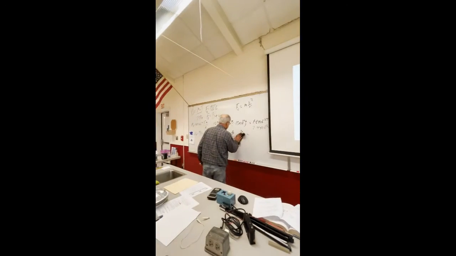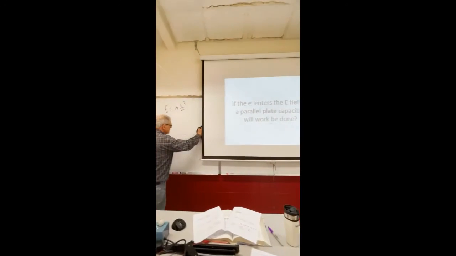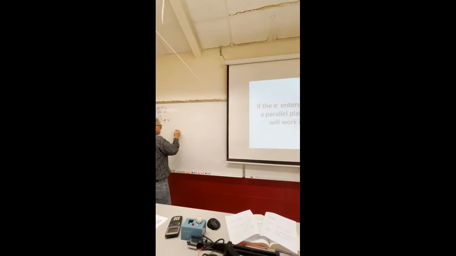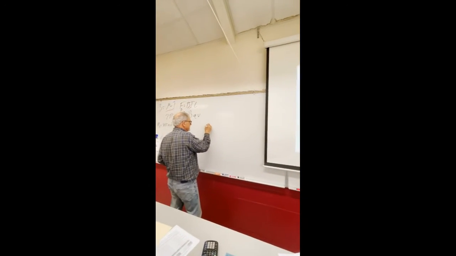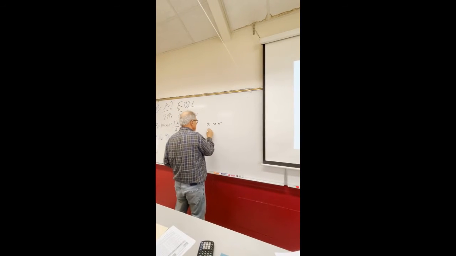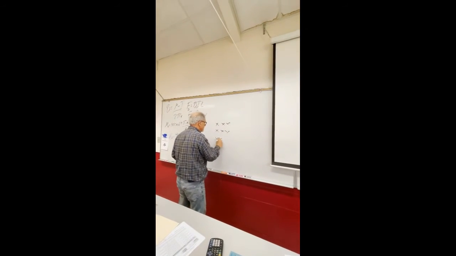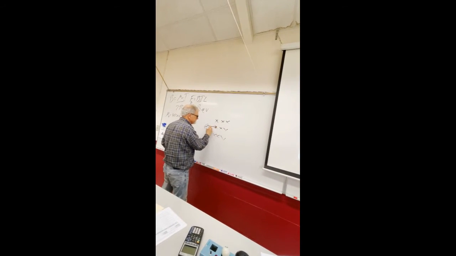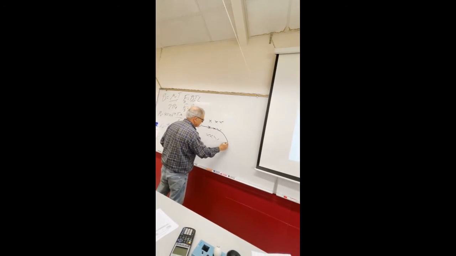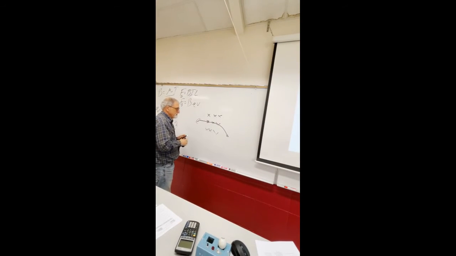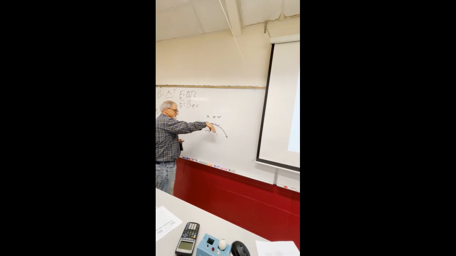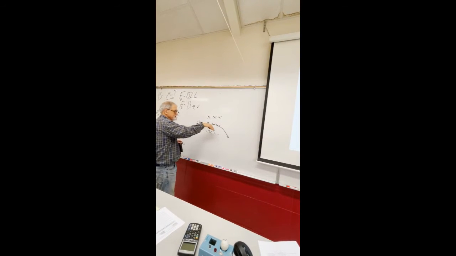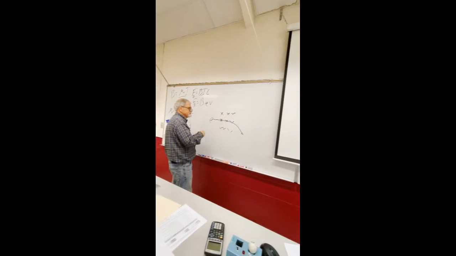Well, if you have an electron in a magnetic field, it'll be curved. But the force that causes the curve is perpendicular to the velocity, so it doesn't speed it up or slow it down, it just changes the direction.